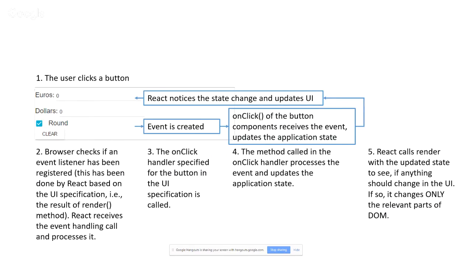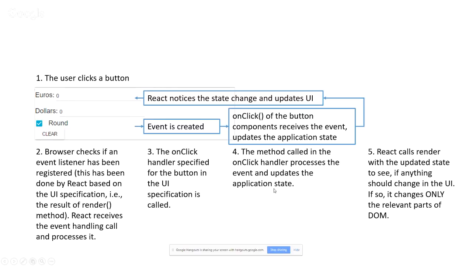Just run through. So user clicks a button. First, there is, of course, the browser doing things. It checks if there is some listener registered to whatever was clicked on the HTML and DOM level. React receives the event depending if there is something registered there. It will call the handler, and the handler will update the application state.